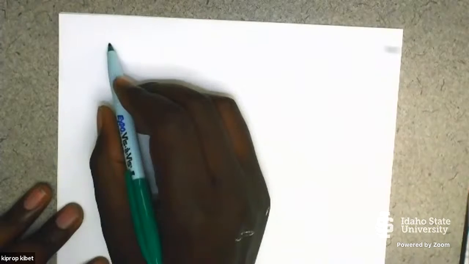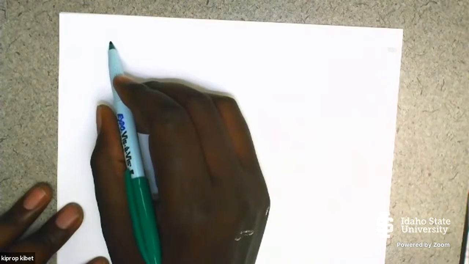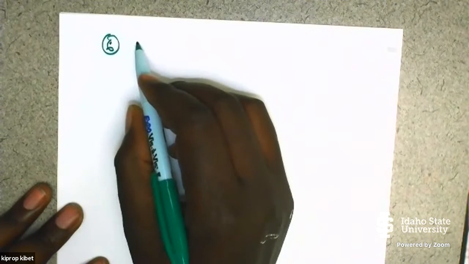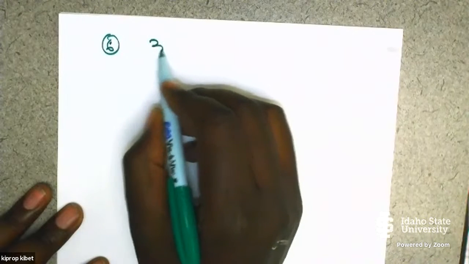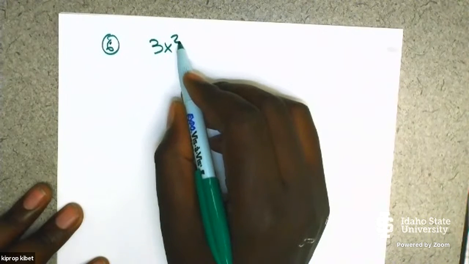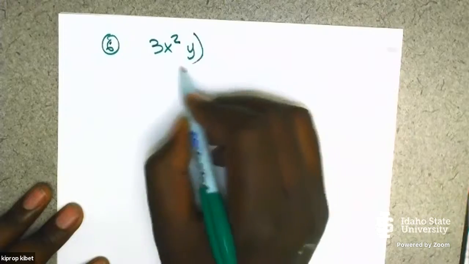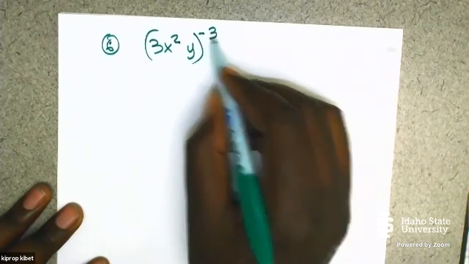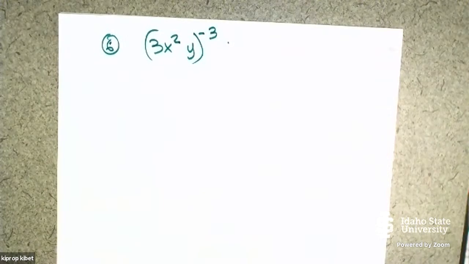Okay, now if you have another one, number 6, simplify 3x squared y raised to minus 3 raised to minus.